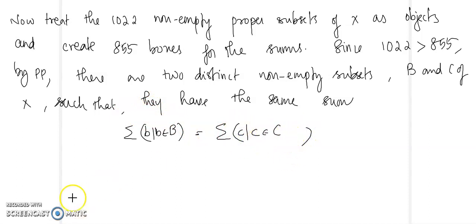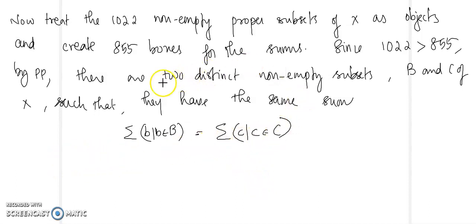Now we need to prove the rest. We need disjoint sets such that the sums are equal. So we need to show that there are 2 disjoint subsets such that the sum of the elements is the same.